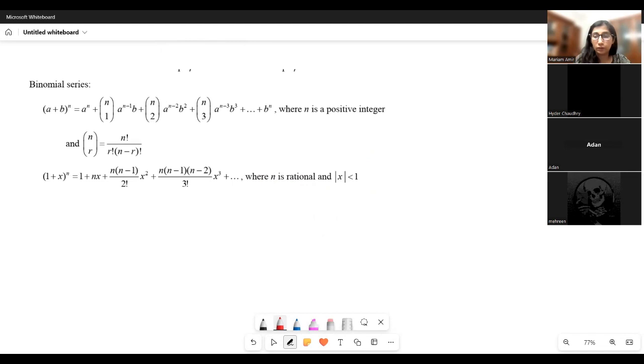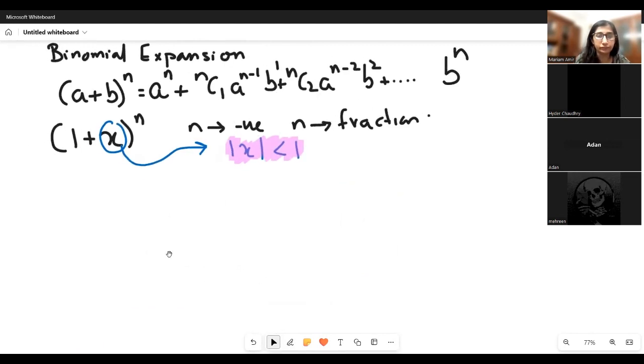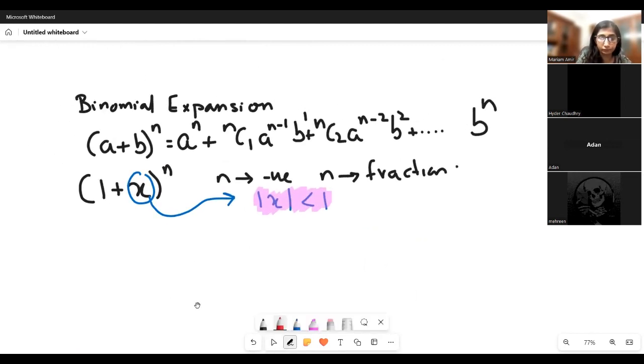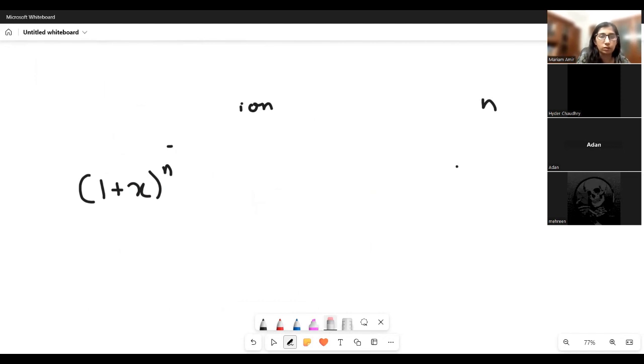All right, now let's directly do example questions. In fact, before that, let's also discuss the expansion of (1 plus x) power n. So how do we expand this? The first term is 1 power n, which is just 1. Then the next term, this gets multiplied with x.